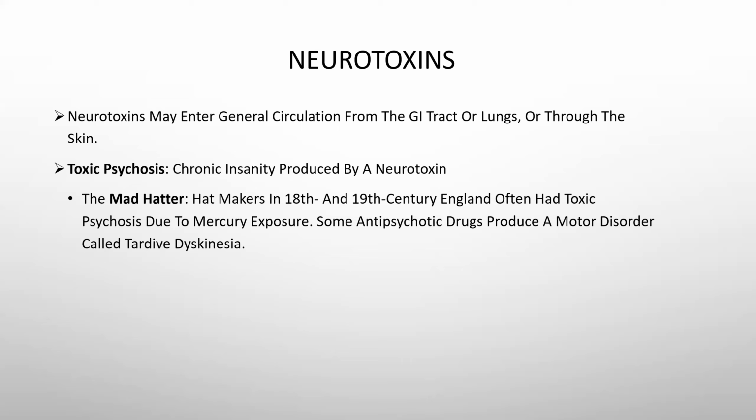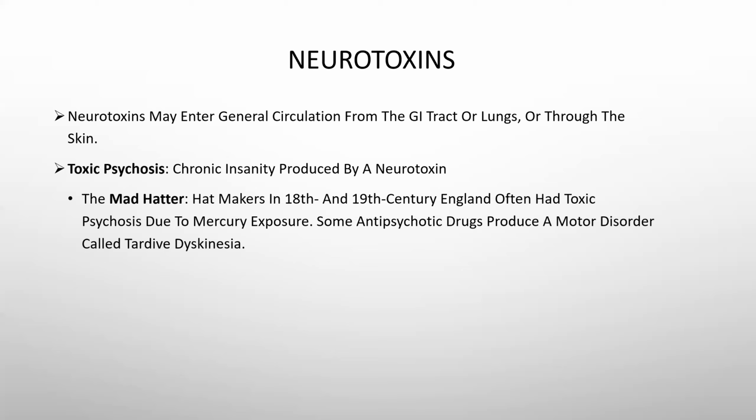Okay. So what they would do is that they would dip the hat in mercury and then they would put it on their own head to stretch the leather out, okay, so that they could size and fit the hat, right? But through repeated exposure, this mercury seeped in through the skin, okay, and then would cause the toxic psychosis.